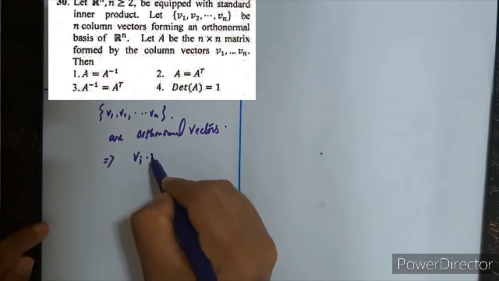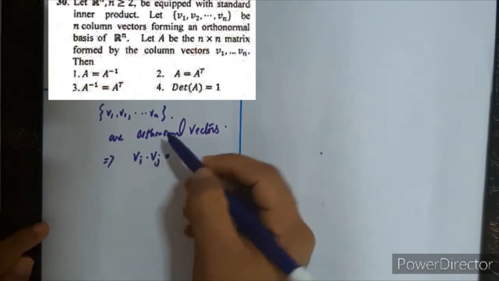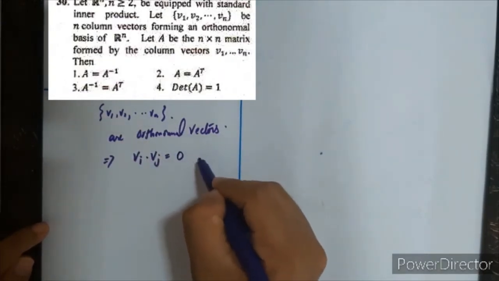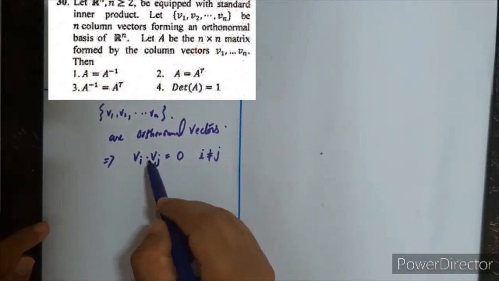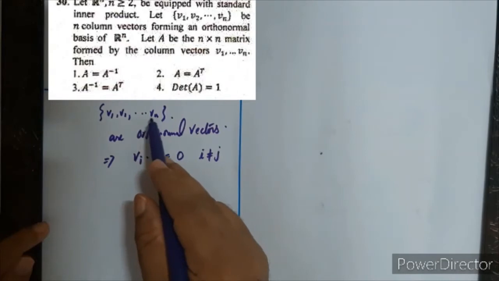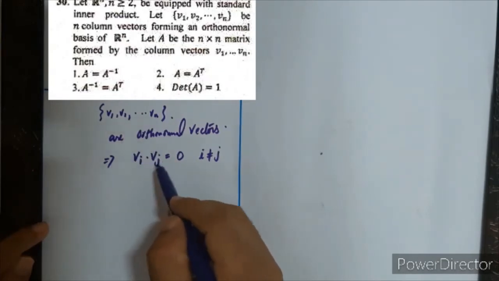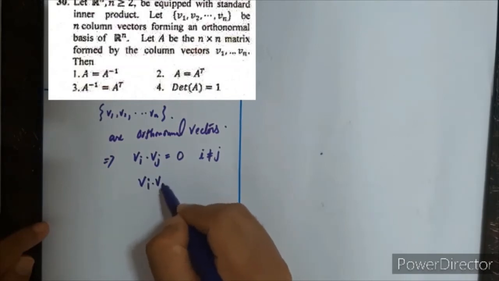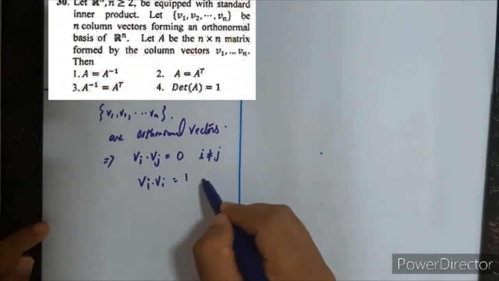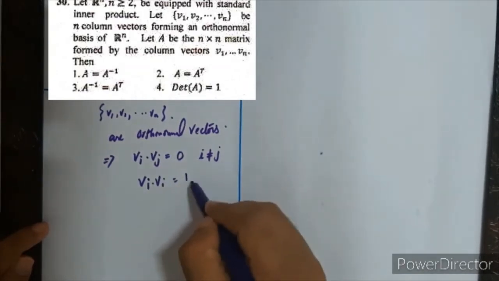Suppose vi dot vj, they must be orthogonal, is equal to 0 for i not equal to j. That means if you take any two distinct vectors, their dot product is 0, and vi dot vi must be equal to 1.